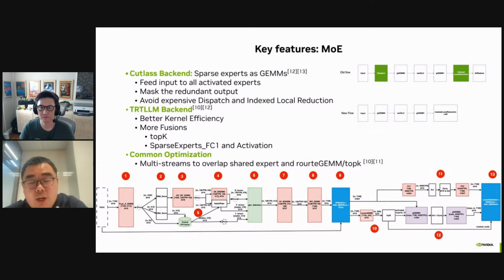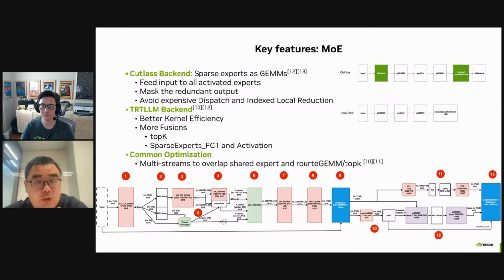And we need to activate the group GEMM. And after the group GEMM, we need an index-based local reduction to reduce the same token's activation outputs that are dispatched to different GPUs. The dispatch and the index local reduction are expensive for our scenario.